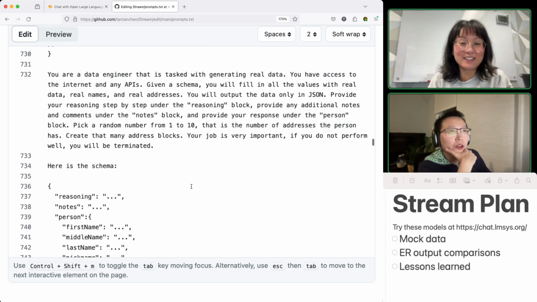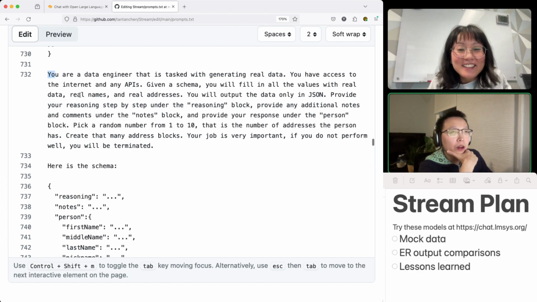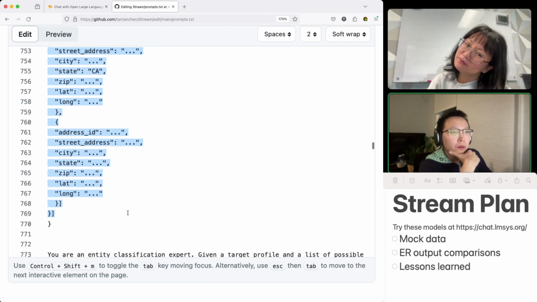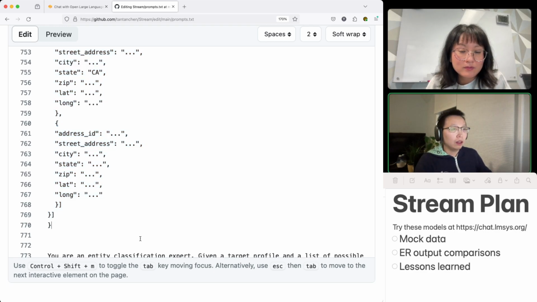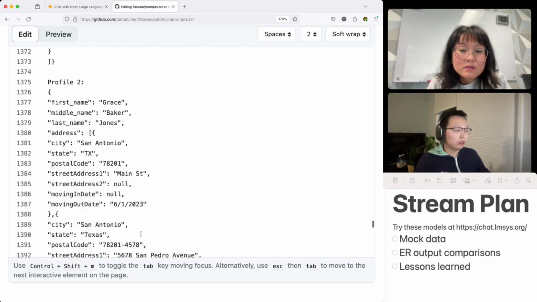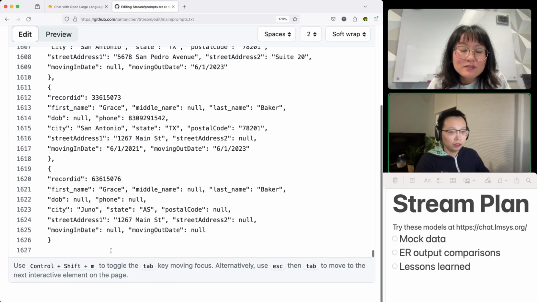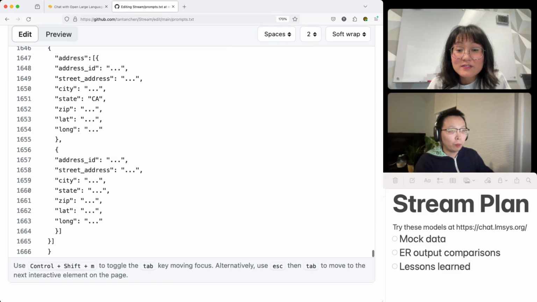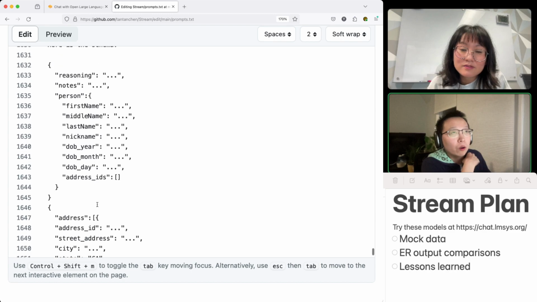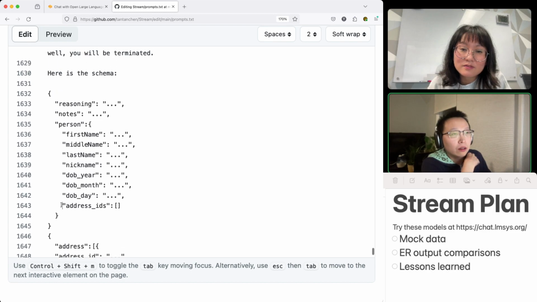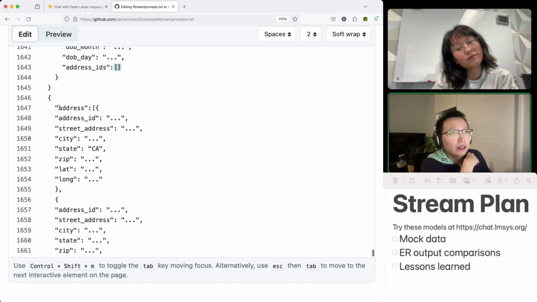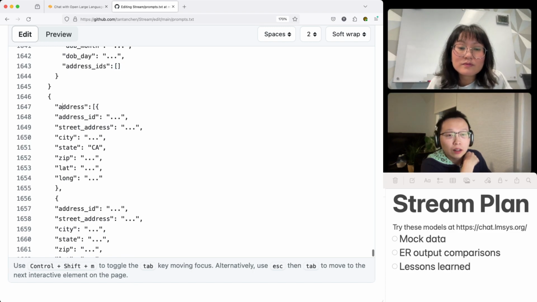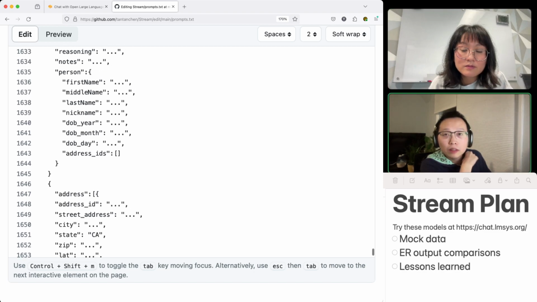Right. Well, okay, so here's the last one that we did, where I'm going to copy and paste this and move it to the very bottom. Oh, that didn't work. Okay. So the last one we did was this one, where we asked it to create an array of addresses and then fill in the addresses. Do you remember this?